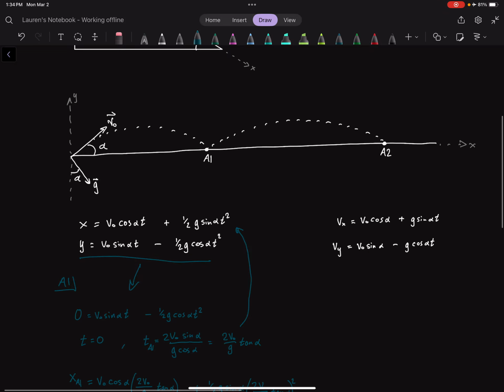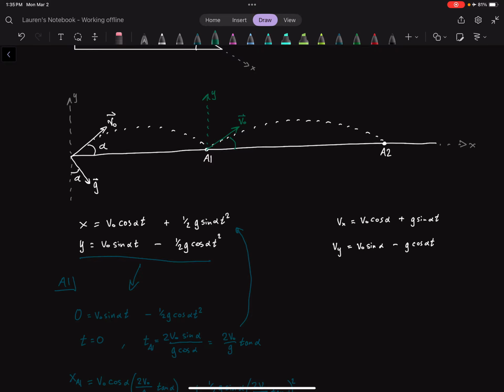And so now we have a second projectile motion problem, right? And we keep in mind that if we place a new origin here, and this will be some angle, and we have some initial velocity here for our new projectile motion problem, then we will have to add on the initial displacement from the origin to A1 to whatever final position A2 pops out of our new projectile motion problem.